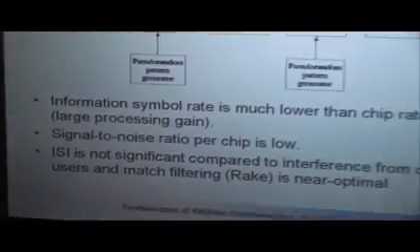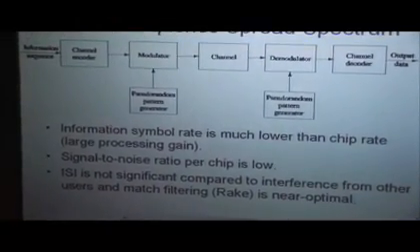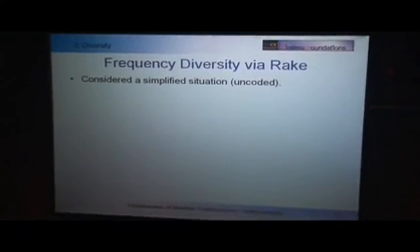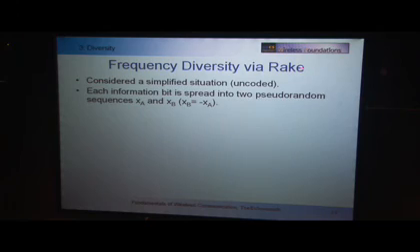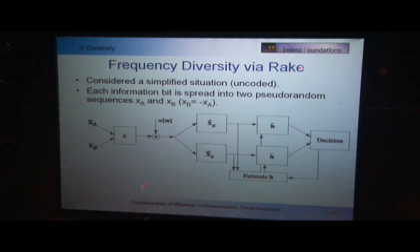And it's near optimal because the ISI is not significant compared to interference from other users. It took me a while, but I figured out an explanation of why Rake is near optimal.